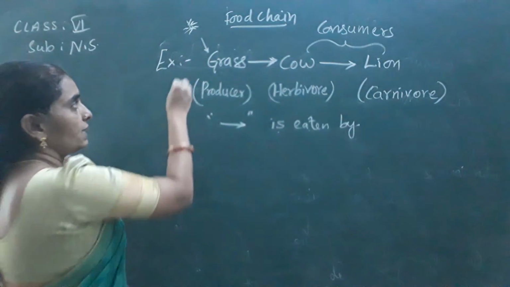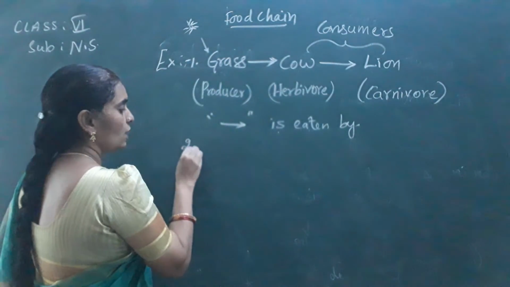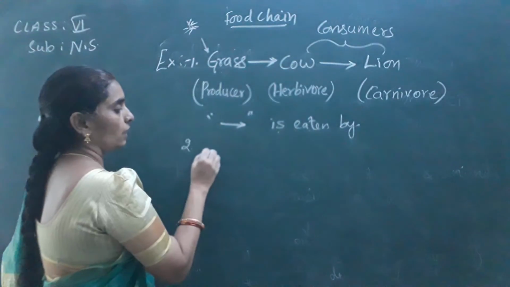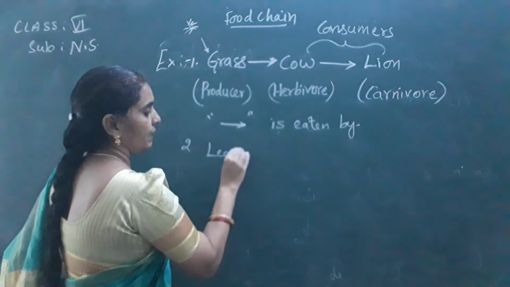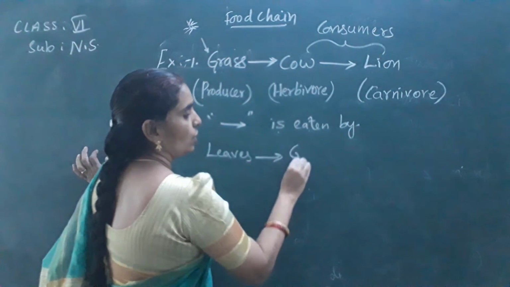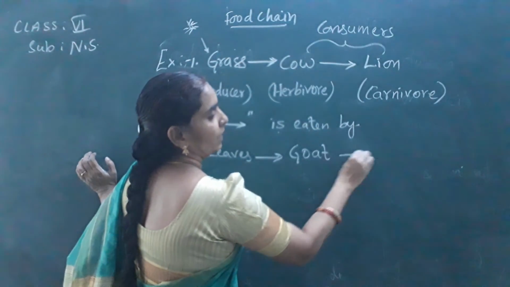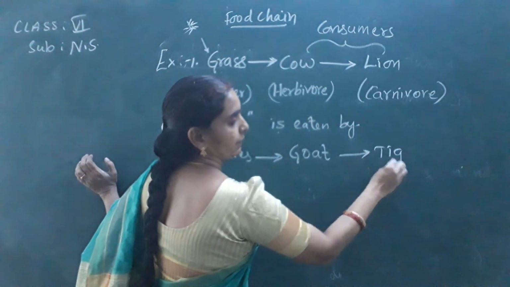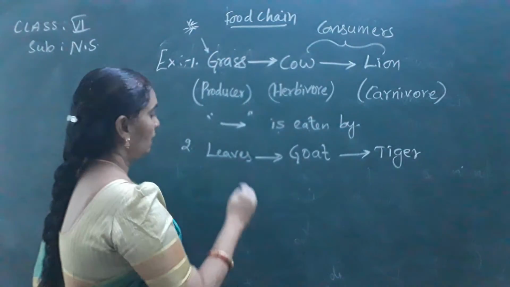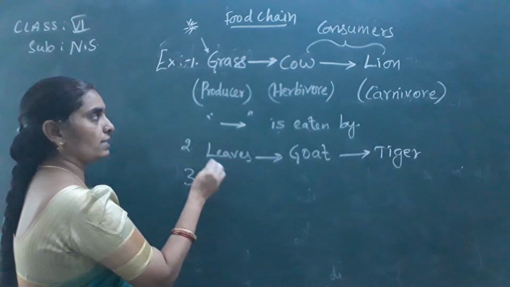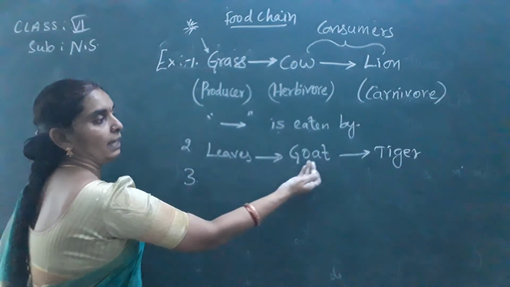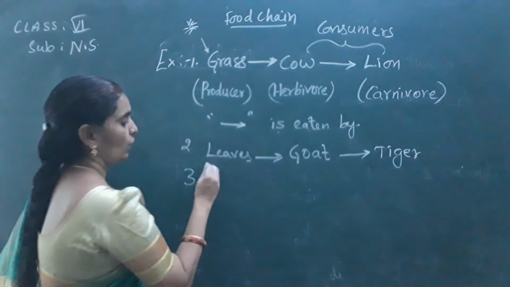Likewise, you can write other examples too for the food chain. Like leaves are eaten by goats or sheep. They are eaten by tiger. Likewise, you can say this is a producer, herbivore, carnivore.